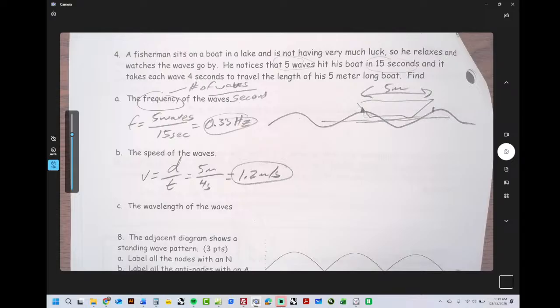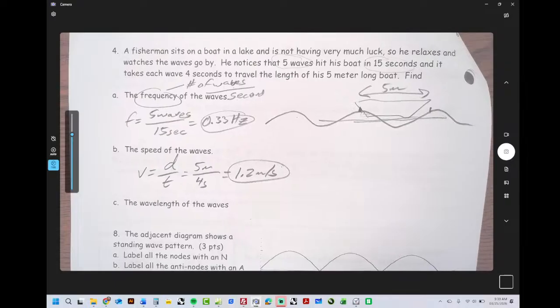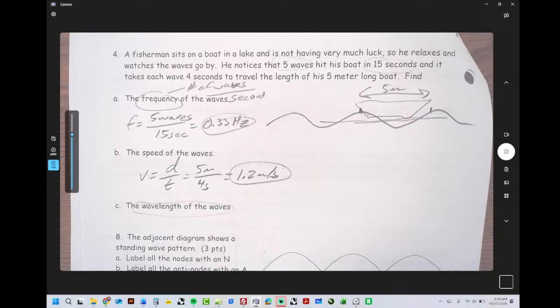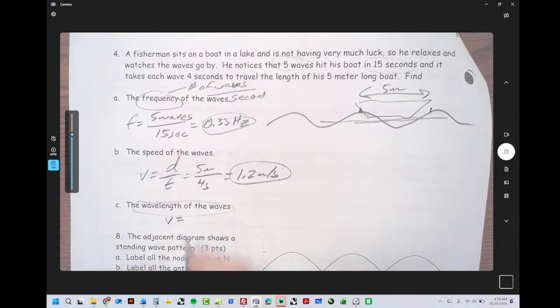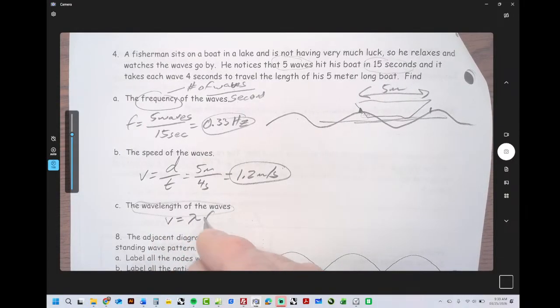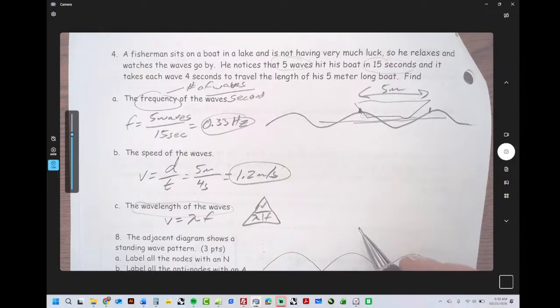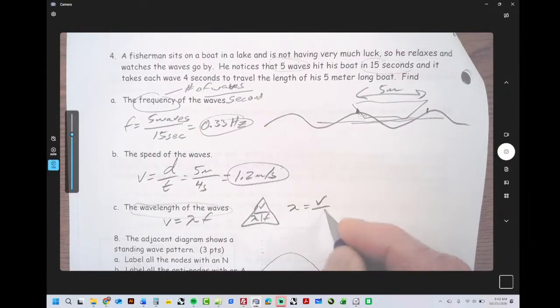So this last one, I'm not going to pick anybody. I'll let people volunteer. Does anybody know how to figure out the wavelength? For this one, you have to use the other formula, the velocity formula. The velocity is wavelength times frequency. So if I put that in the triangle, wavelength is there, frequency is there, velocity is here. If we're looking for wavelength, it's the velocity divided by the frequency.